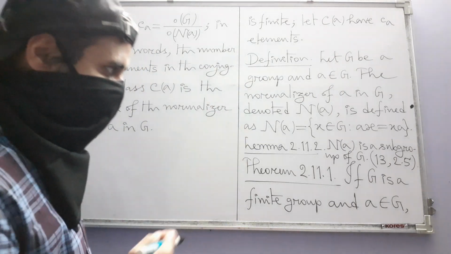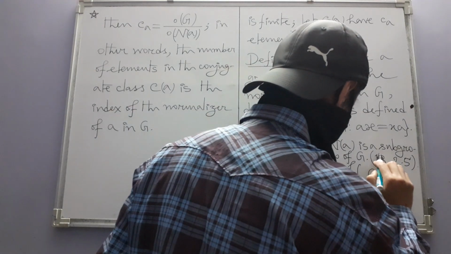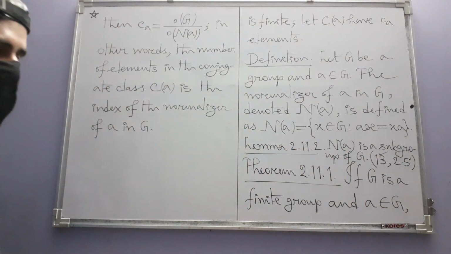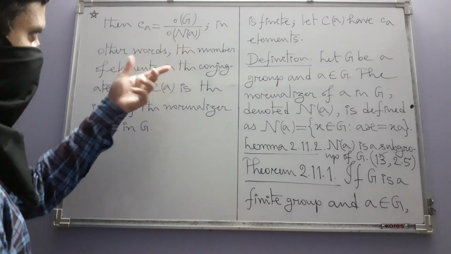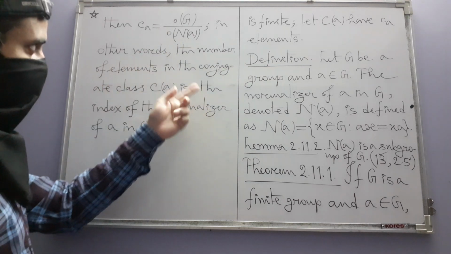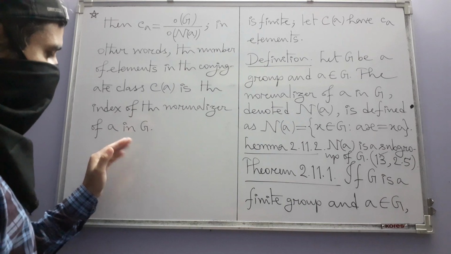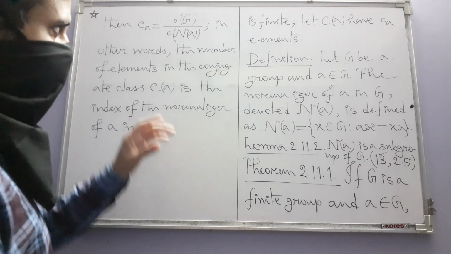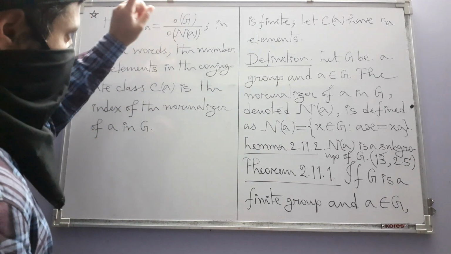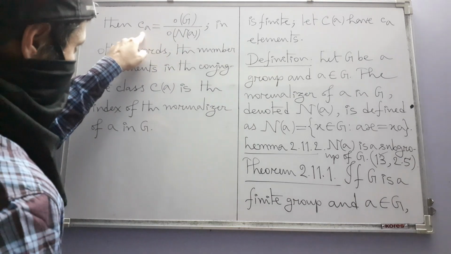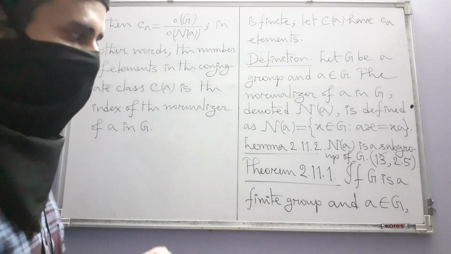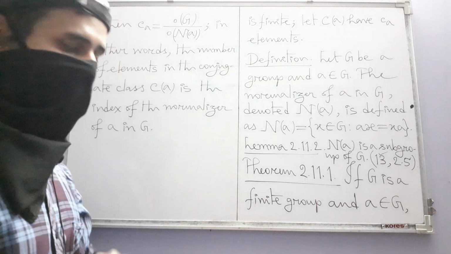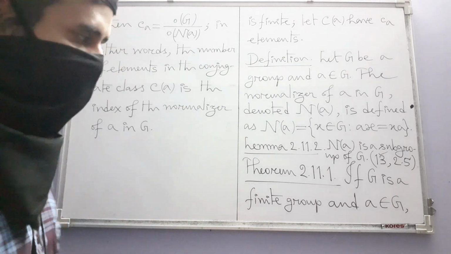After that you see the exercises there. The 13th one is this one. And that's why it makes sense to say the index of the normalizer of the element in the group. And when you calculate this thing, it turns out that it is equal to the number of elements in the conjugate class of A. So we are now going to prove this theorem.